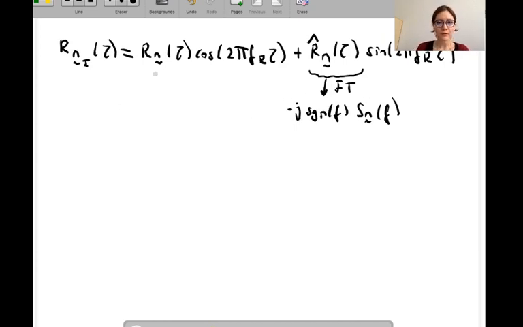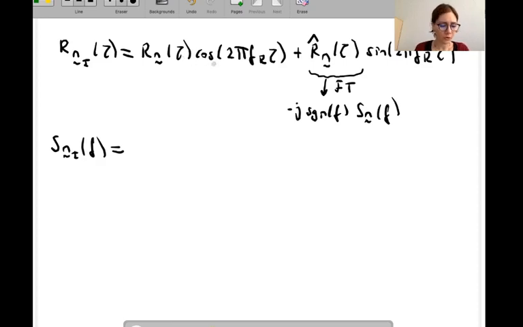Then using this, now we can take the Fourier transform of the whole expression, so we get Sni of f is equal to the Fourier transform of this. So let's take the Fourier transforms. Let's focus on this first term. Here you have a signal that's modulated by this cosine. Again, they are deterministic signals.